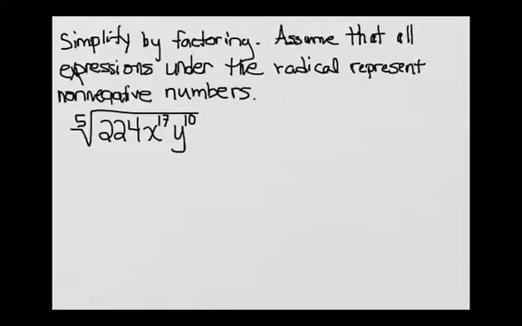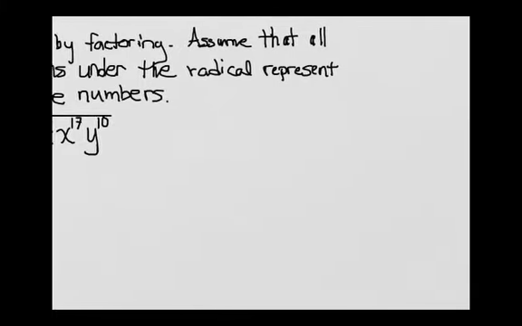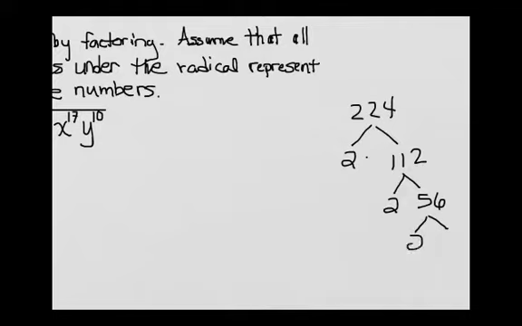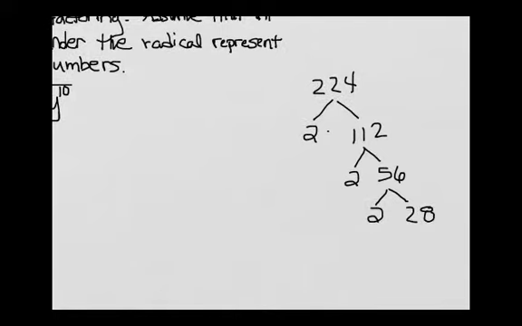So the first thing we're going to do is move over to the side here and factor the number 224. That's divisible by 2, and it can be written as 2 times 112. 112 can be written as 2 times 56. 56 can be written as 2 times 28. 28 can be written as 2 times 14, and 14 can be written as 2 times 7.